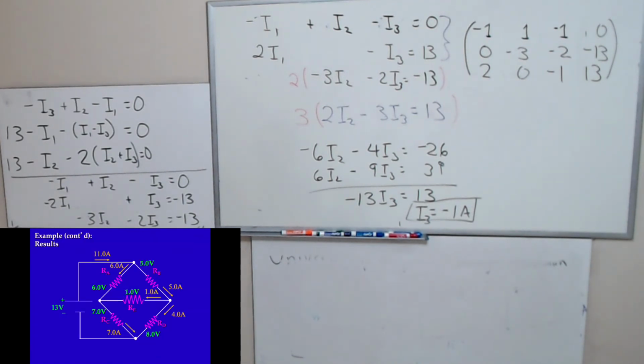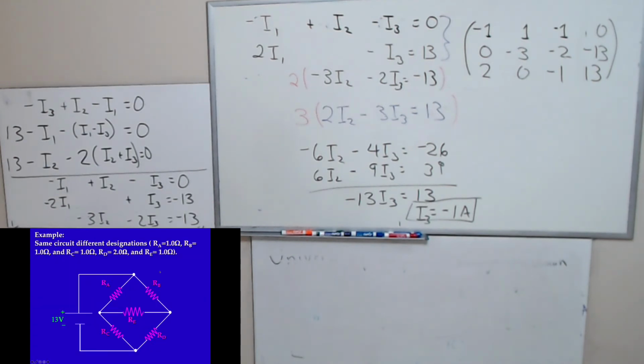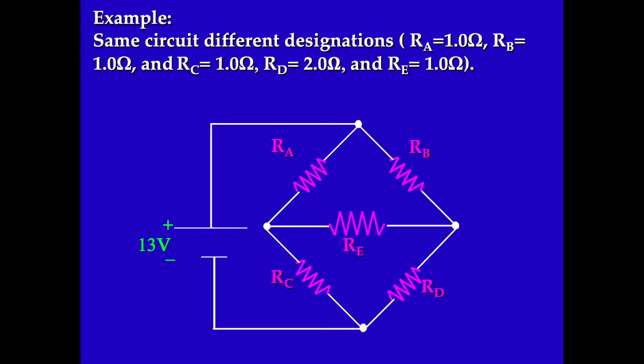Okay. So all I want to do, and I'm not going to go through and solve it completely, is show you a different way to designate the currents. I'm just going to go through the slide, and you can go through the notes in their entirety. There's the same circuit.